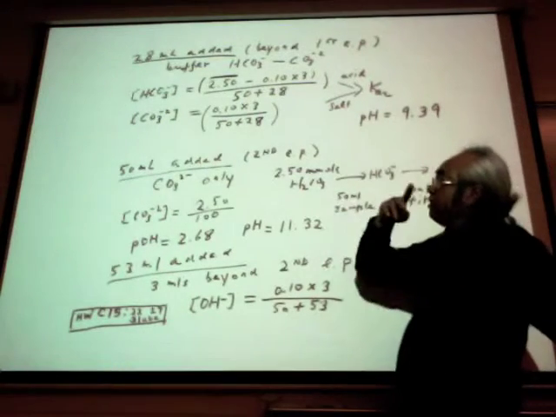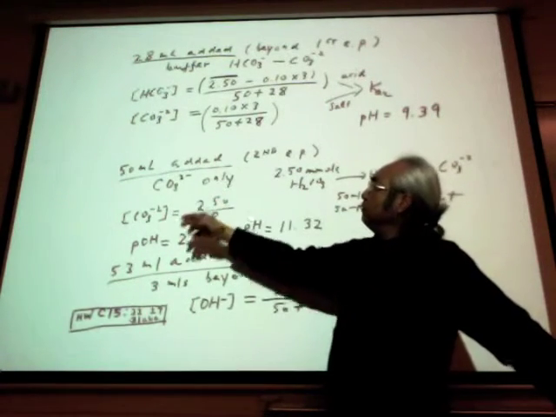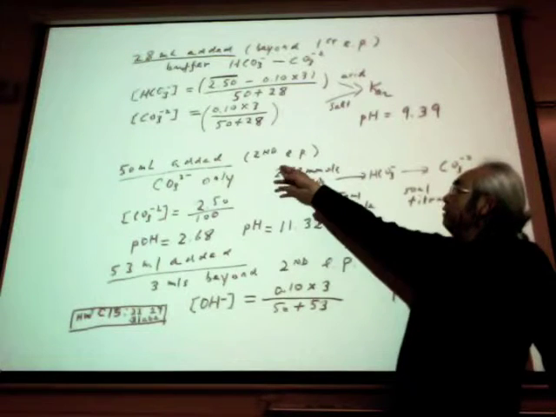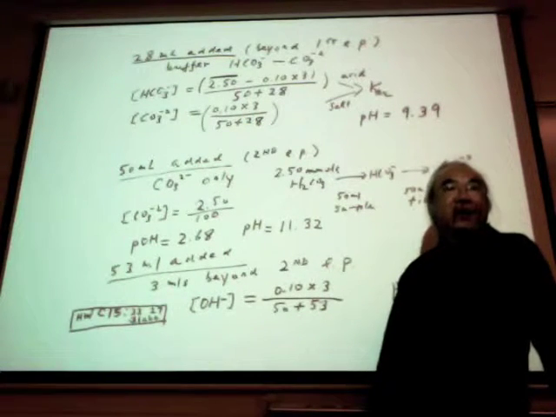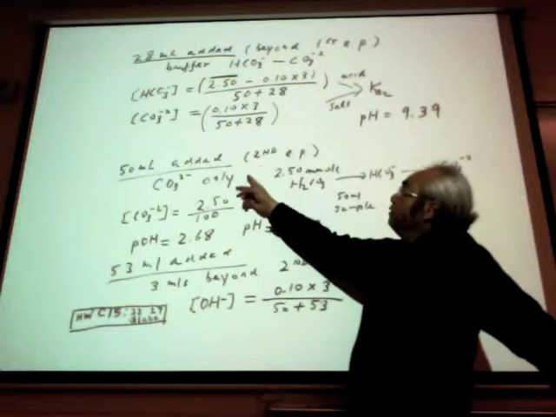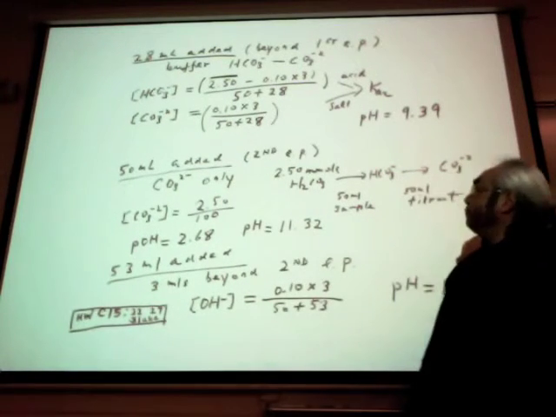The titration continues. Once you add 50 mL, this indicates the second endpoint. At the second endpoint, you get this only.